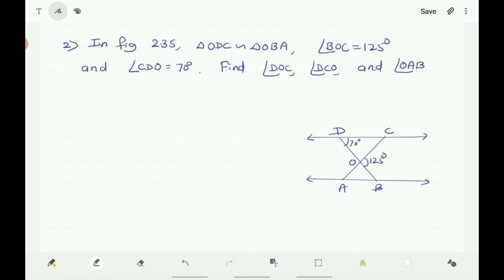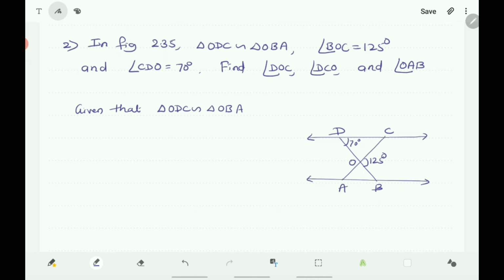Find angle DOC, angle DCO and angle OBA. Here, what is given? Given that triangle ODC is similar to triangle OBA, means their corresponding angles are equal.